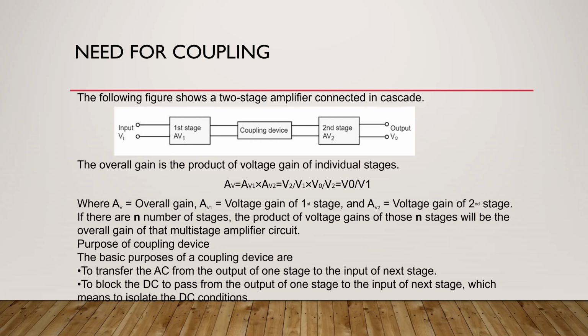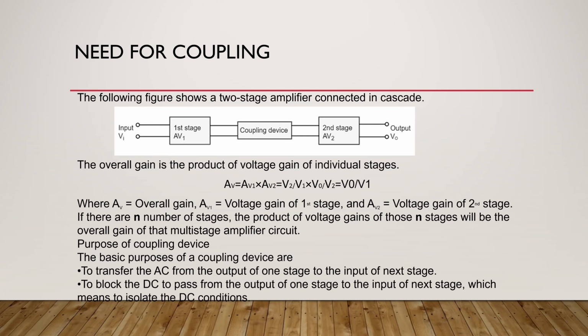As well, the purpose of the coupling device is also to block the DC. It is to block the DC from passing from the output of one stage to the input of the next stage, which means to isolate the DC conditions.